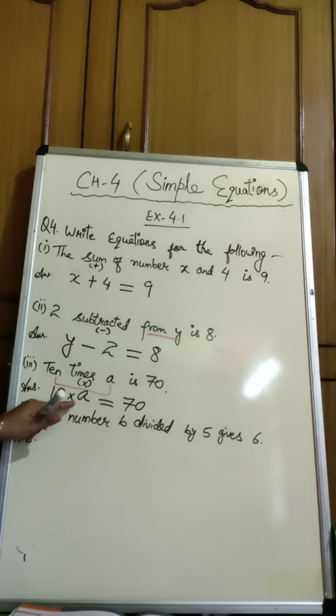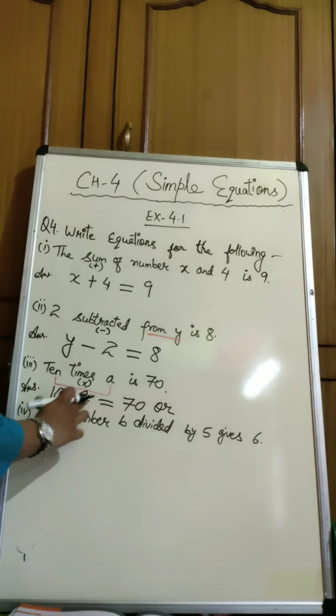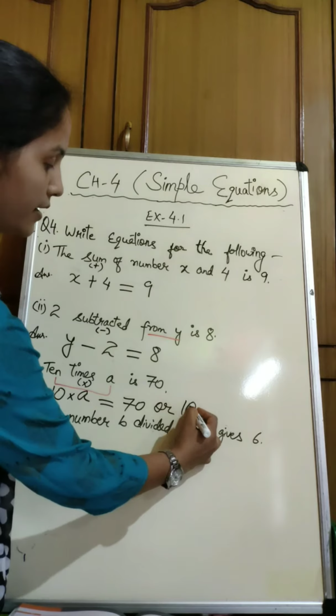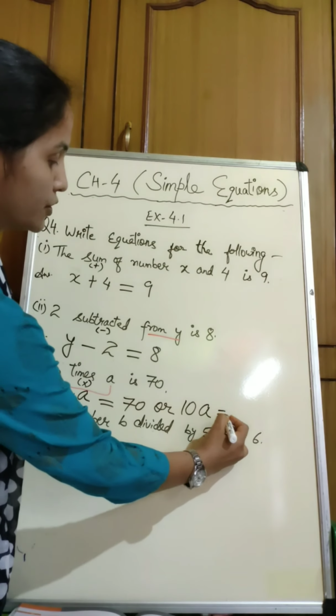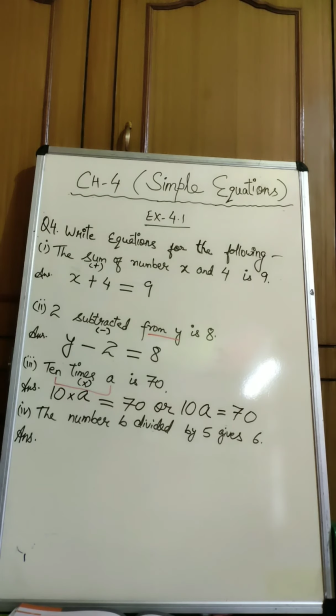Okay, 10 into a is equal to 70, or we can simply write it as 10a equals 70. Clear? I hope this is clear.